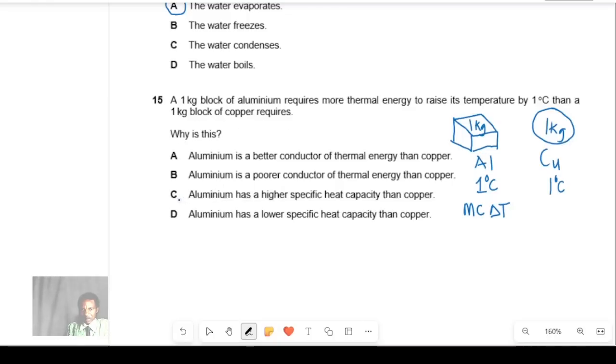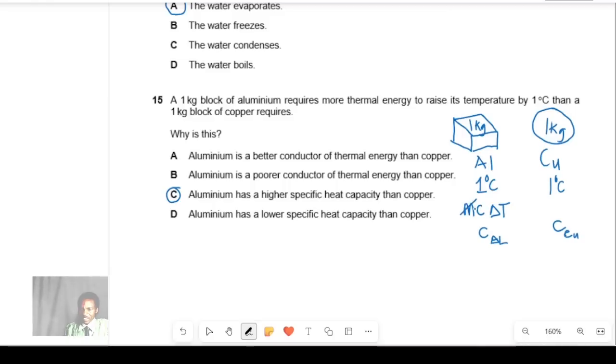It is because aluminium has a higher specific heat capacity, because the only variable that is different here is the specific heat capacity, C of aluminium, which is different from the specific heat capacity of copper.